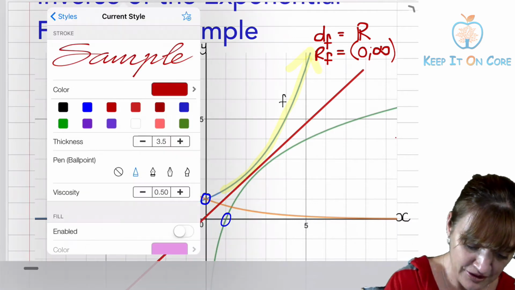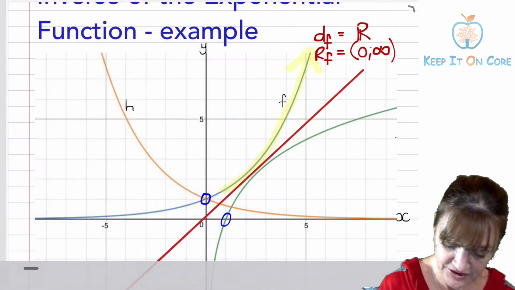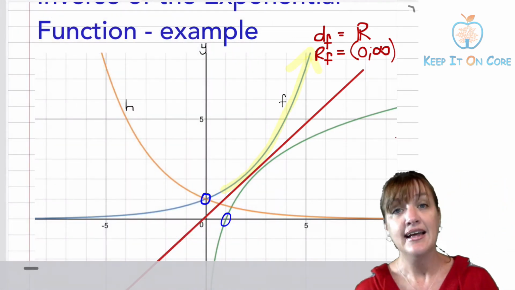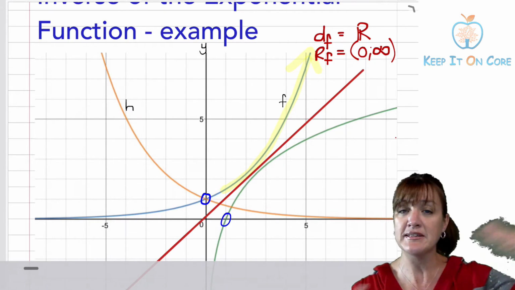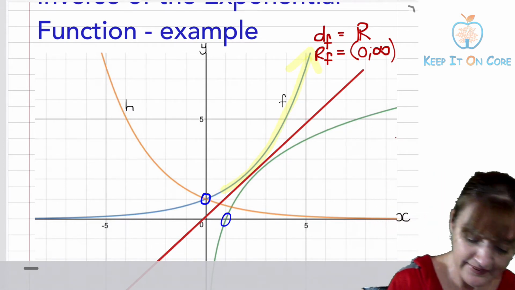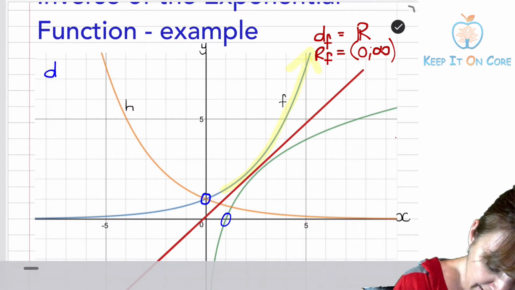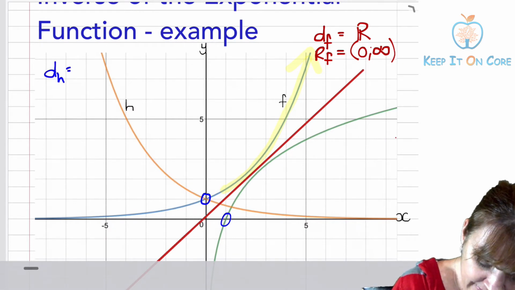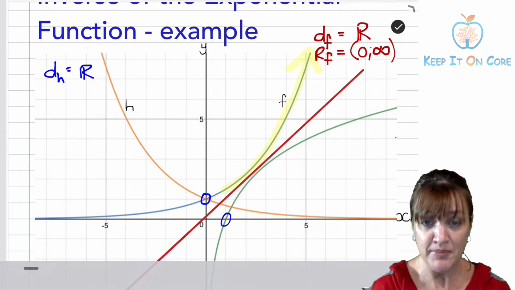All right, let's look at the domain and range of the other graph. Let's do the orange graph. Again, your x's and your y's are going to be spreading infinitely to the left and to the right. So the domain of graph h is again going to be an element of any real number.